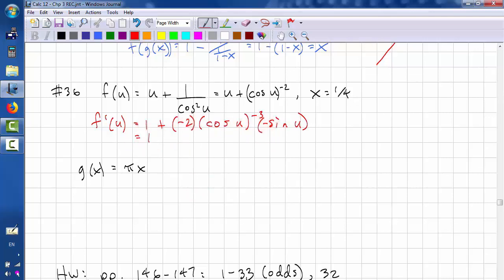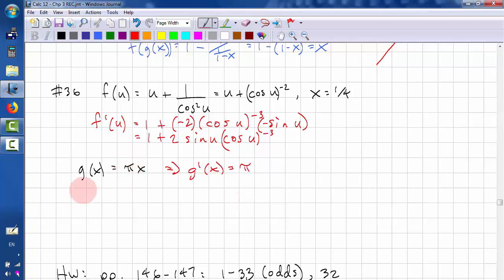There's two negative signs, so that's just plus 2. And sine comes before cosine, so sine u cos u to the power of negative 3. Okay, let's do the derivative here. g prime of x equals pi. This is a constant, this is not a variable, so that's our derivative.